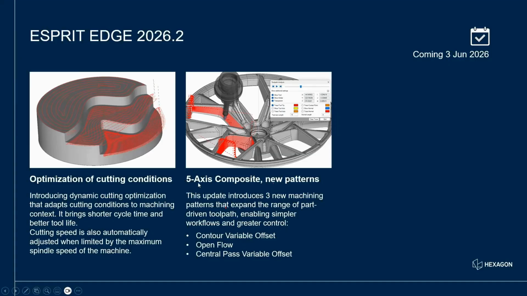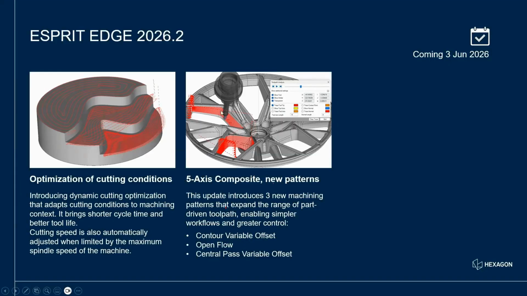Also, when it comes to 5-axis composite new patterns, this update introduces new machining patterns that expand the range of part-driven toolpaths, enabling simpler workflow and greater control. Sometimes we use contour variable offset, open flow, central pass variable offset. These are the commands we use for composite areas, because a composite area is not like the left side image.